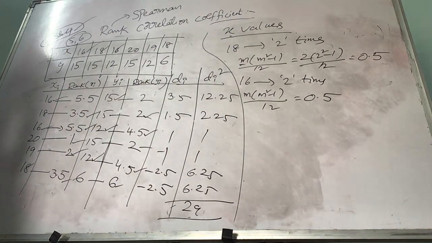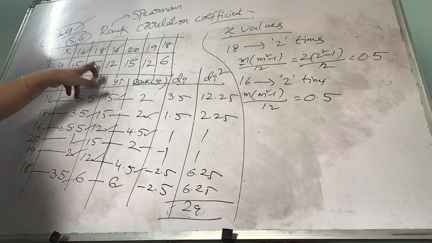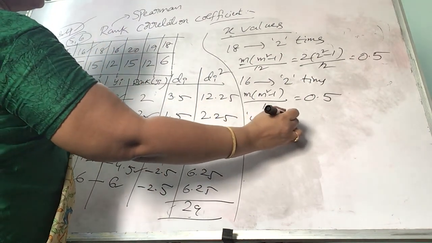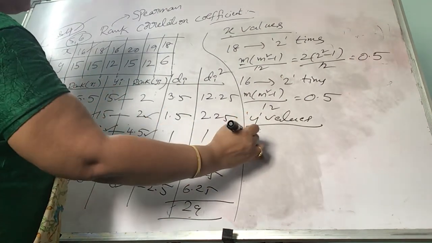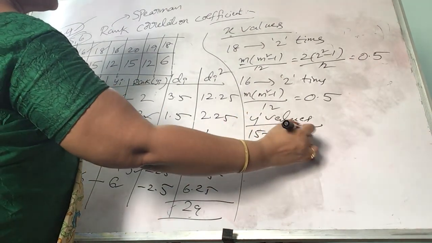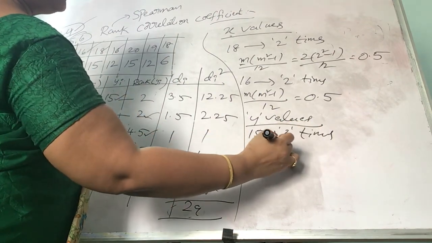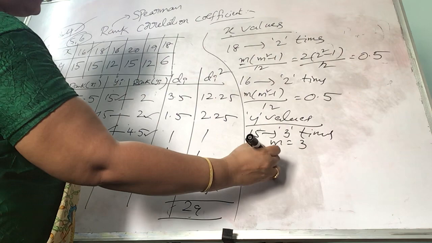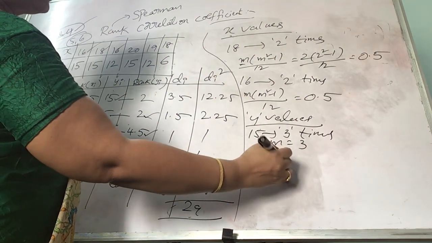Next, in y values, 15 is repeated 3 times. So here m is equal to 3. Now we have to calculate the factor m into m square minus 1 by 12.